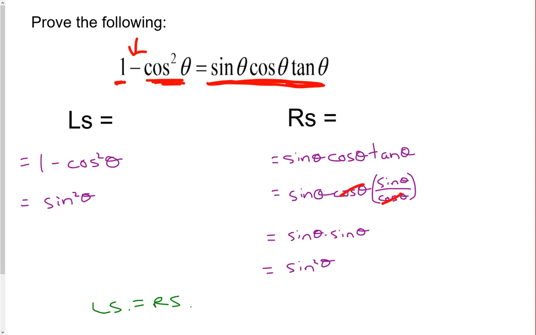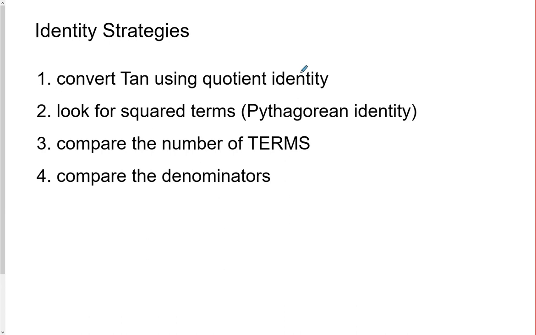Here's a couple of tips that I think can help you when trying to prove trig identities. So the first tip is convert tangent using the quotient identity. Anywhere you see a tangent, use your quotient identity and switch it around so it's sine over cosine. That's a great place to start.